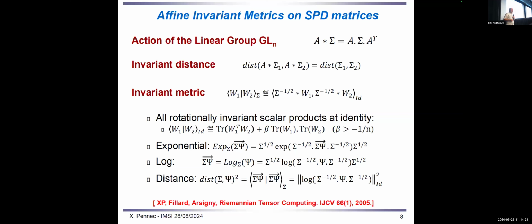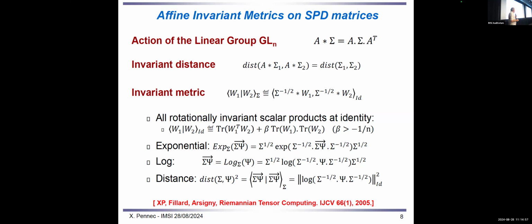If we want to look at what is a natural constraint or natural invariance on these matrices, we can look at the effect of the action of an affine transformation. If you change the basis in which you represent your matrix, then the action will be basically a linear map acting by conjugation like that. And we may say, okay, I want my distances to be invariant whether I compute the distance before or after this change of basis.